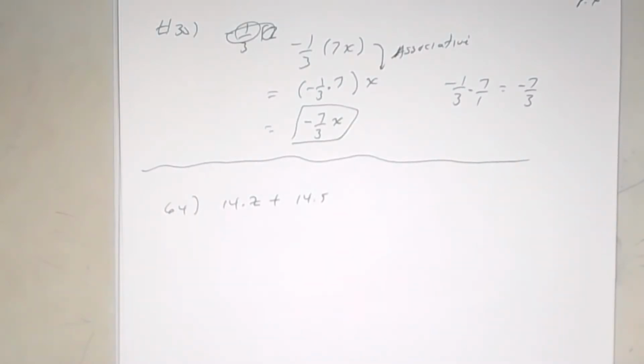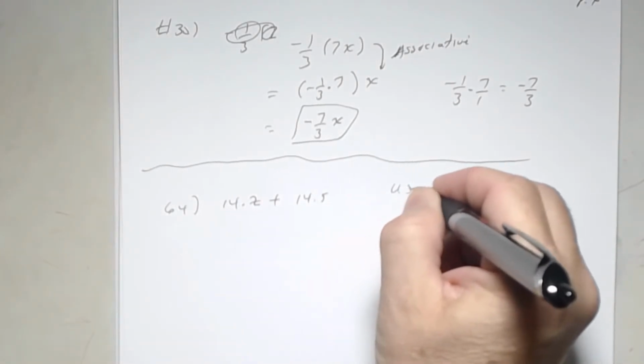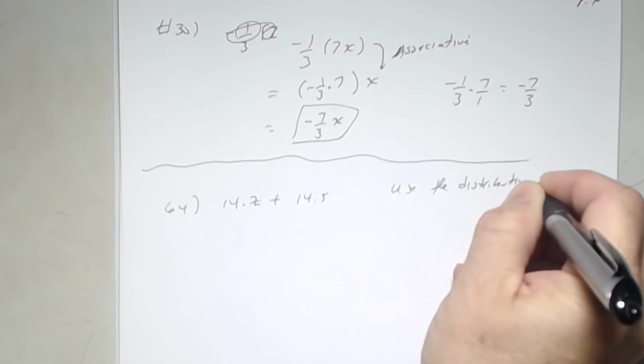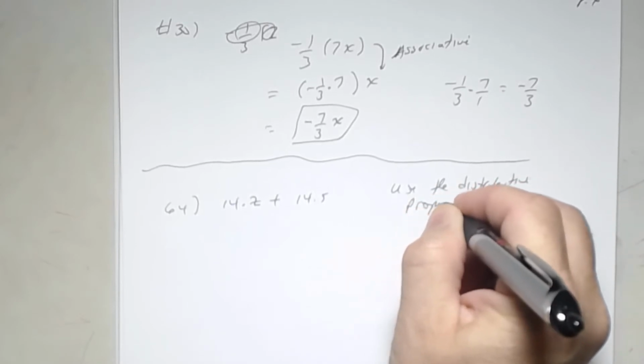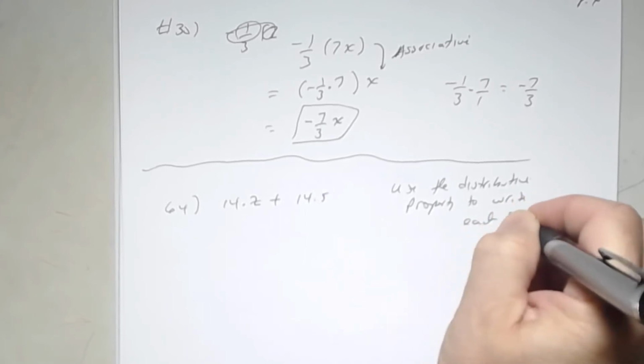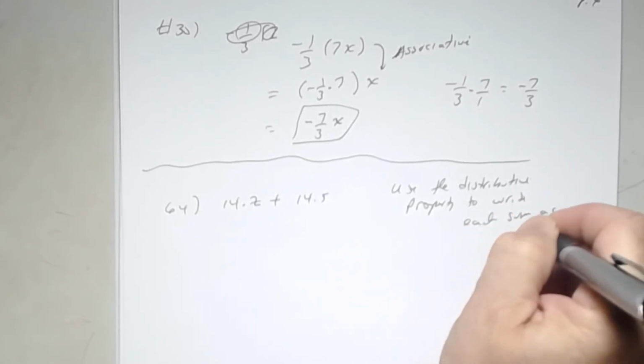Okay. So what I want you to do, directions here say use the distributive property to write each sum as a product. Use the distributive property to write each sum as a product.